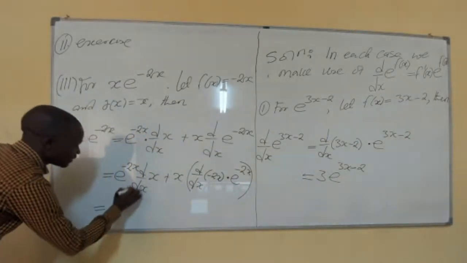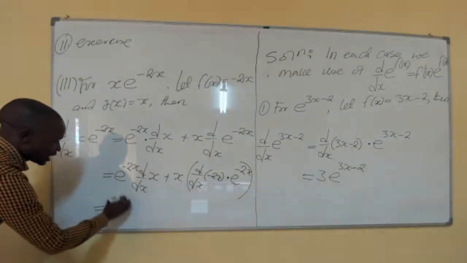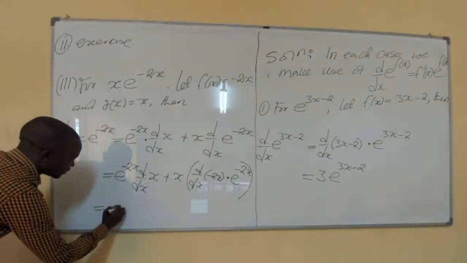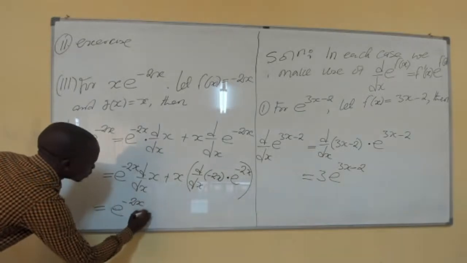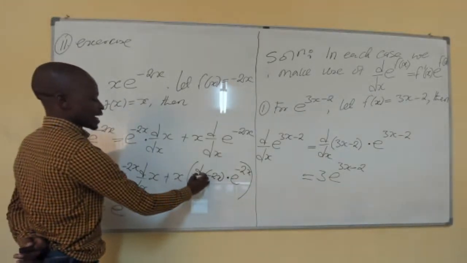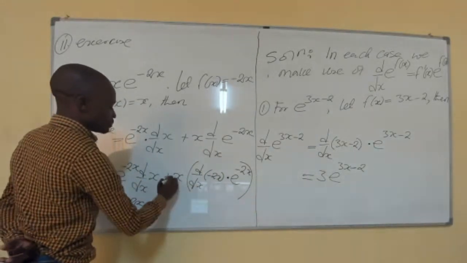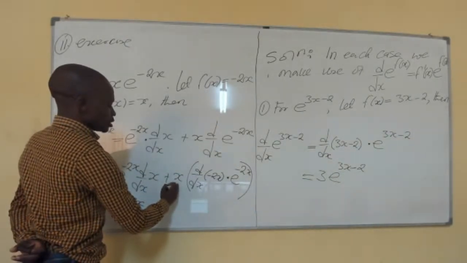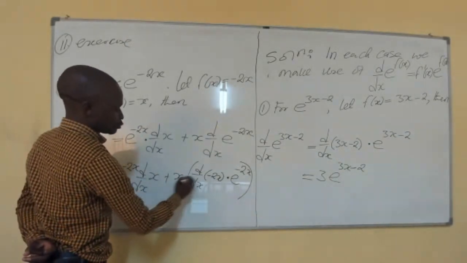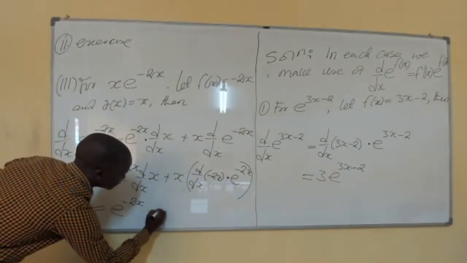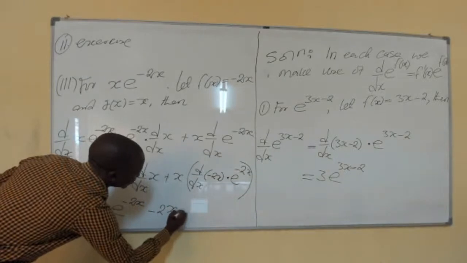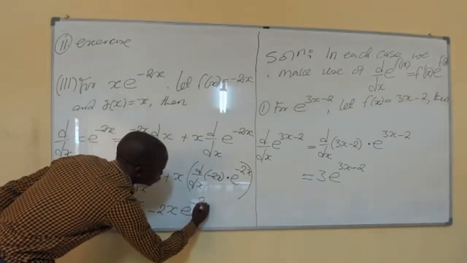Then when we simplify, the derivative of x with respect to x is 1 times e to the power negative 2x, plus the derivative of negative 2x, which is negative 2, times x times e to the power negative 2x. So we are going to have a minus 2x e to the power negative 2x.